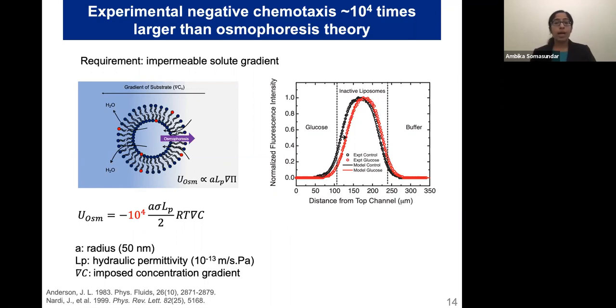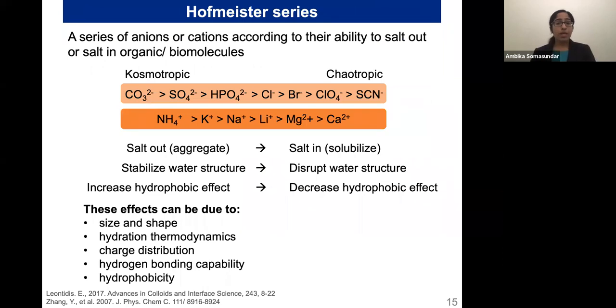At this point, we had covered the majority of the traditional mechanisms available for colloidal transport, and we were wondering what exactly is going on in our system. So we went back to the literature and we found the Hofmeister series. The Hofmeister series is a series of anions or cations according to their ability to salt in or salt out organic biomolecules.